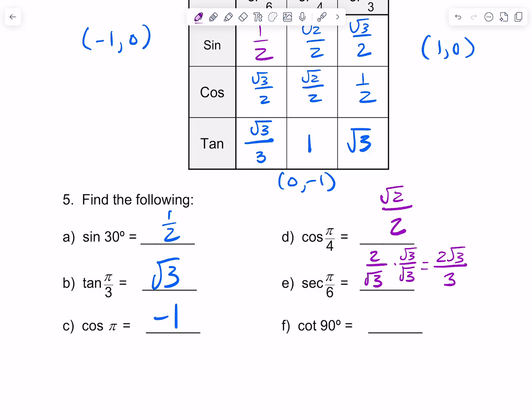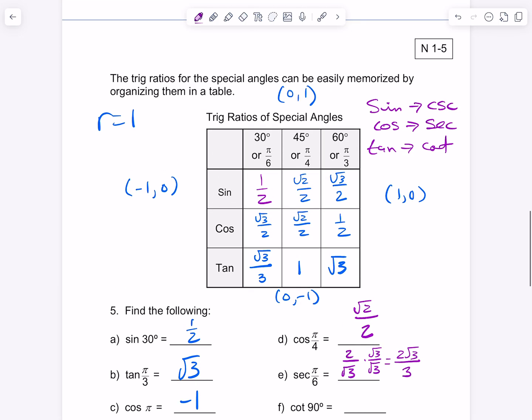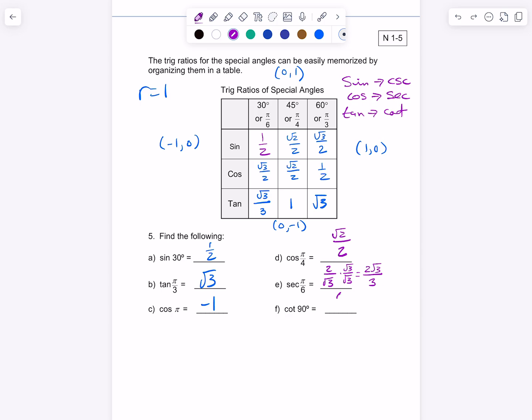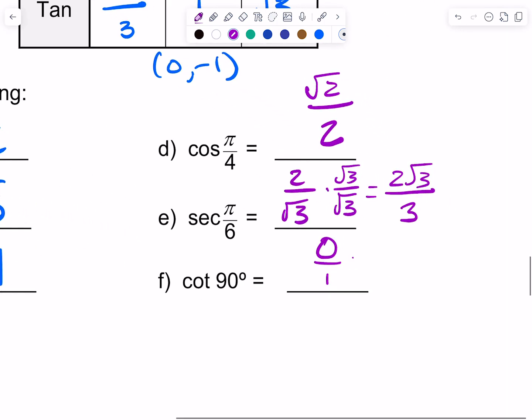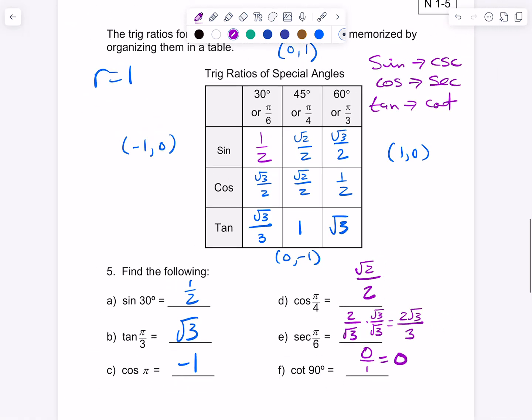And then cotangent of 90, that would be r over, no, I'm sorry, that's x over y. So it's x over y. So it would just be 0 over 1, which would just be 0. Cool beans?